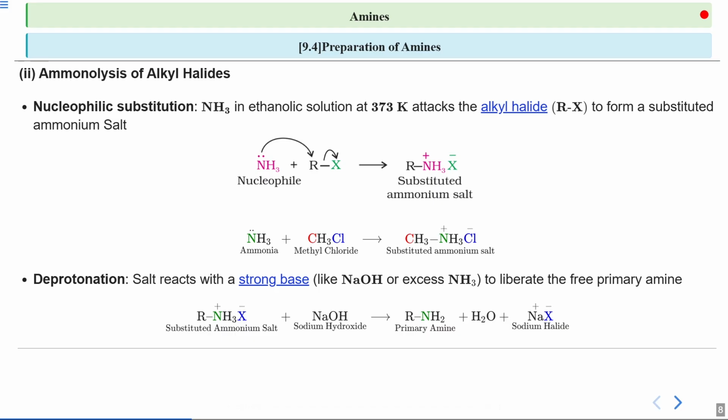So if you see over here, the substituted ammonium salt reacts with a strong base like sodium hydroxide, or it can also react with excess ammonia. Here deprotonation is happening and we are getting a primary amine. We are removing a hydrogen from this ammonium salt, and the result is the liberation of this free primary amine, which is the desired product, and we get water and sodium halide as a byproduct. So this is what is happening in this reaction.